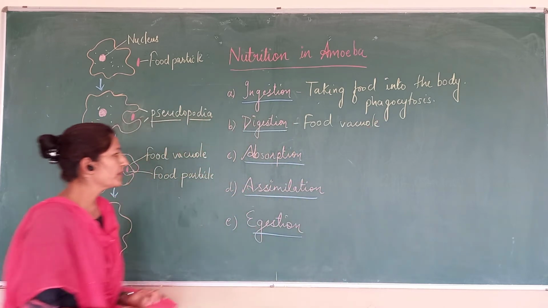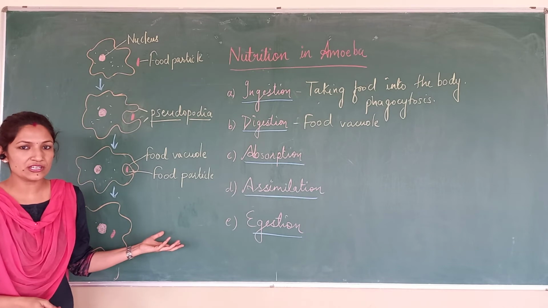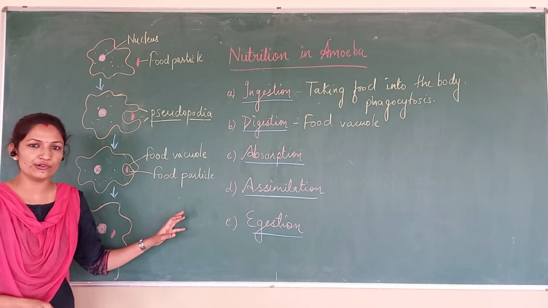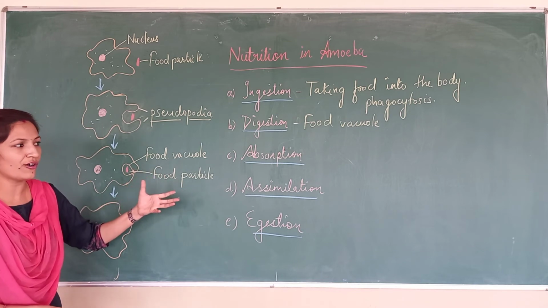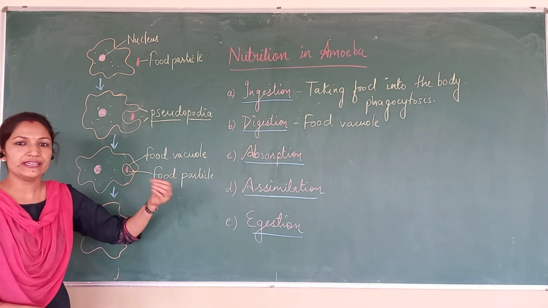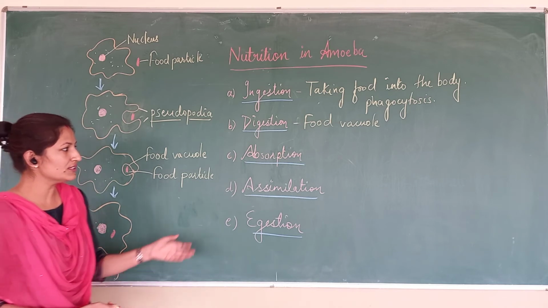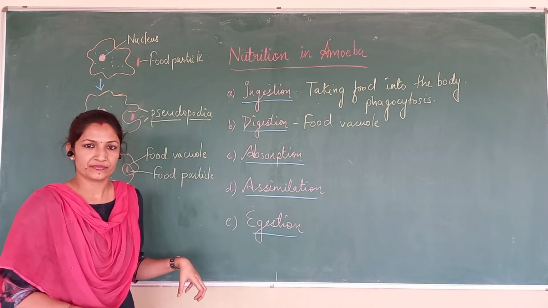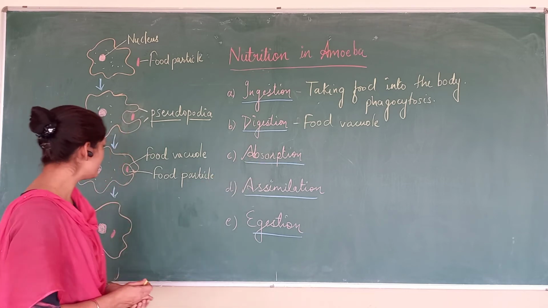After the digestion process, the complex form of the food is converted into the simple one. Those simpler forms are now released or diffused into the cytoplasmic area. So there the absorption is going to take place.